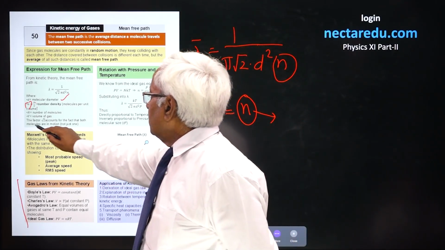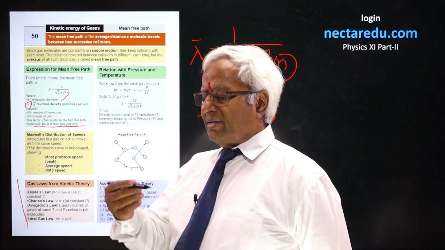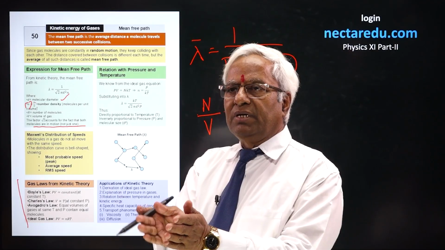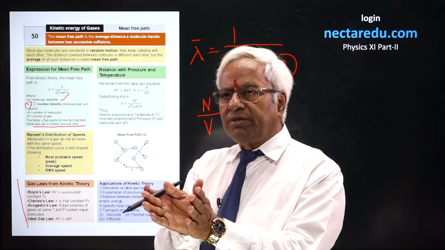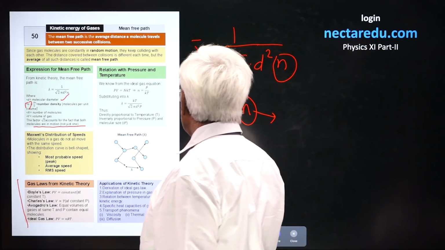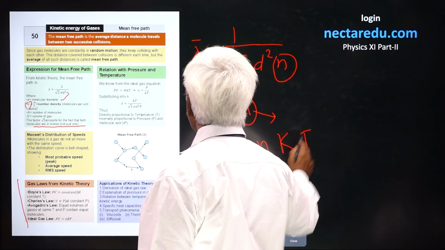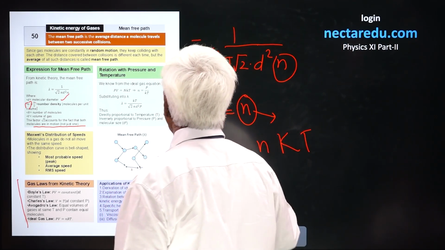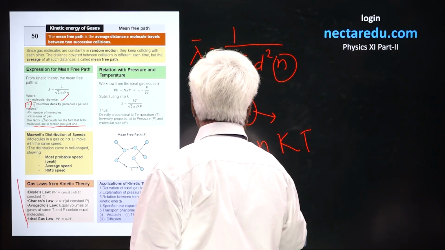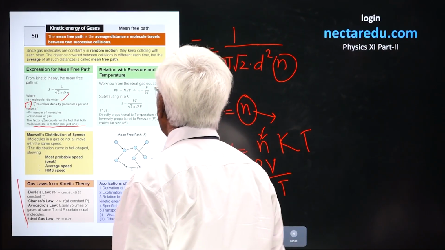You see here that the root 2 factor has occurred simply because the molecules have the possibility of movement along different axes. If you place PV equal to N K T, then N is equal to PV upon KT, where N is the number of molecules.